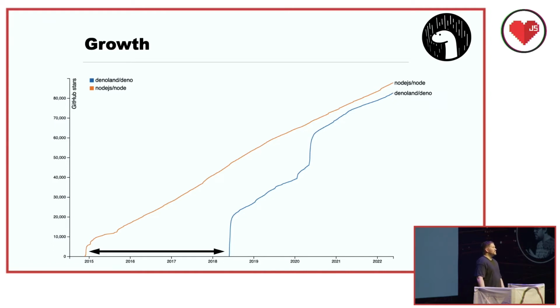Now GitHub stars are a proxy metric for usage and adoption. Anybody can stop by the Deno repo, put a star on it, and never use Deno again. We do have some internal metrics at the company though that indicate that this is not just baloney. Usage is actually growing like this. So take it for what you will, GitHub stars, but I think it's promising at least.